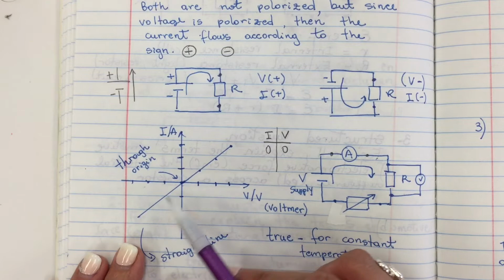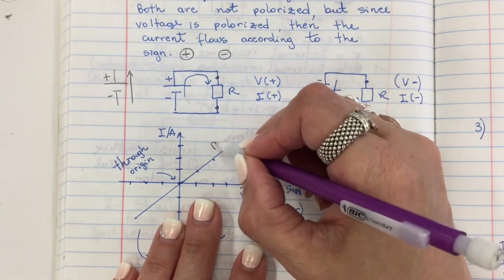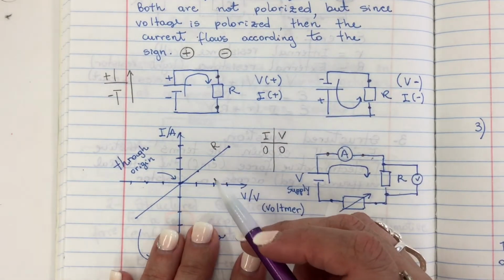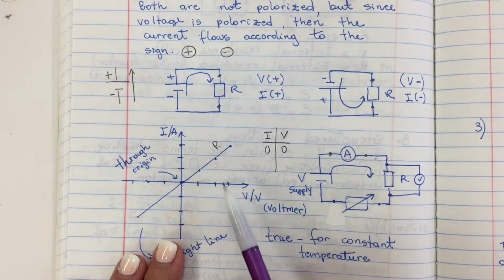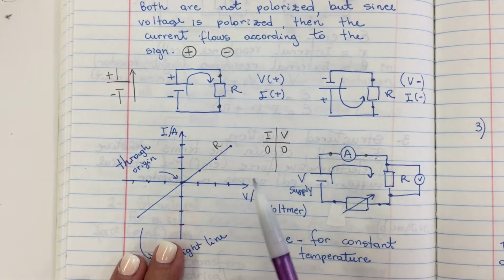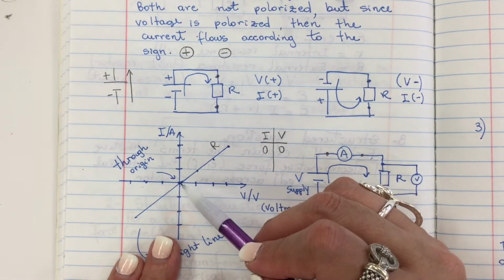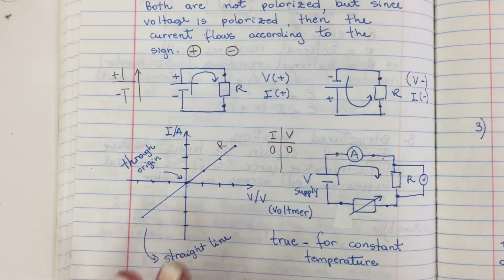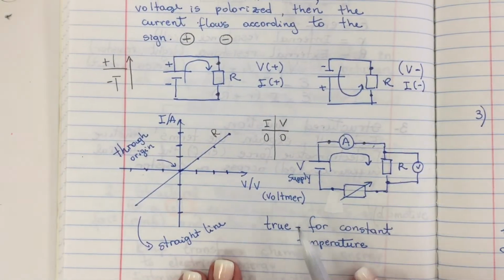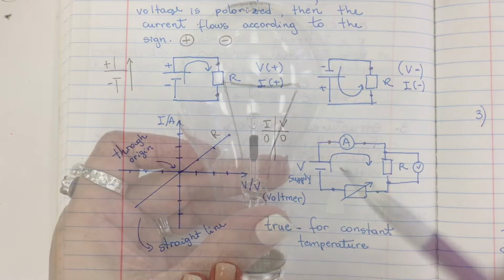This graph is showing a straight line, which means the component, in this case a resistor, obeys Ohm's law. What does that mean? Ohm's law states that current and voltage are directly proportional. So there is a proportionality here on this line, which is stated by Ohm's law. It's important to note the temperature must be constant to have a straight line like this.